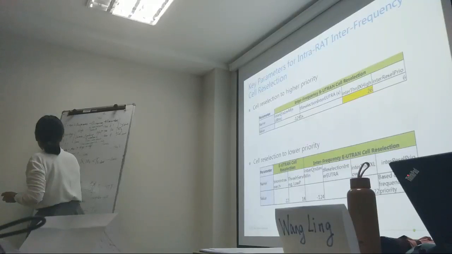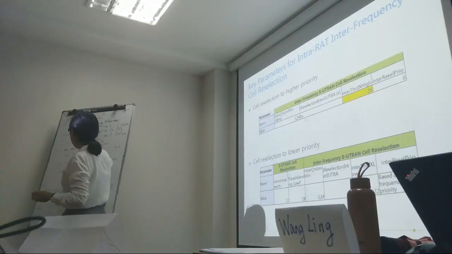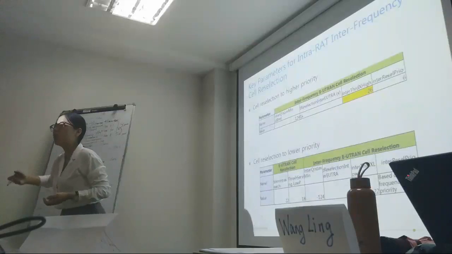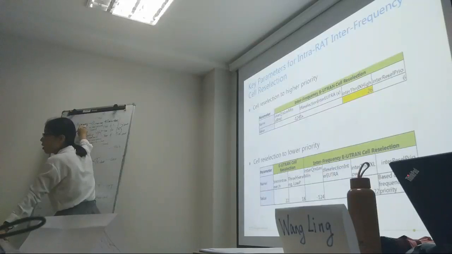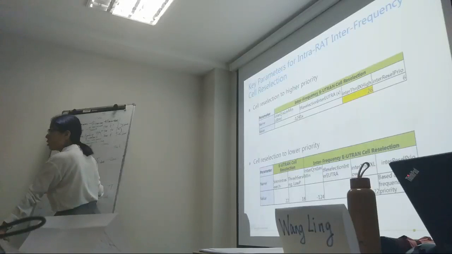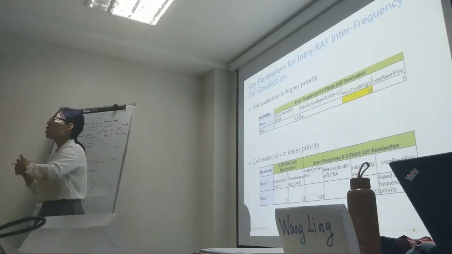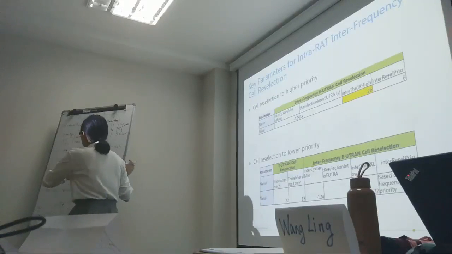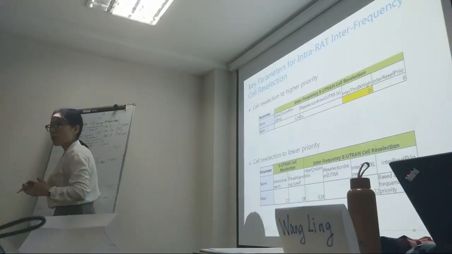If this value is less than 22, yes, less than this value, then I will perform the measurement. So this value is the received RSRP minus 124 plus 22. Yes, it's minus 102. So if the serving cell is less than minus 102, it will perform the measurement.